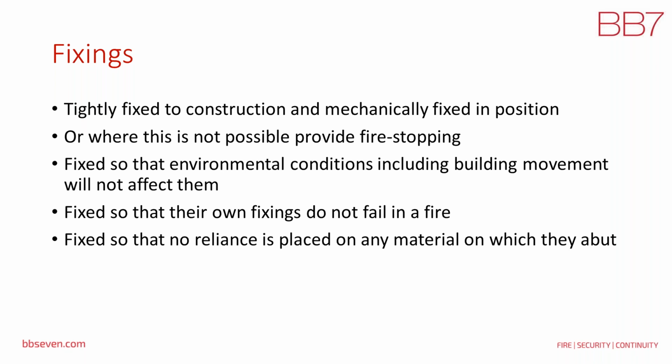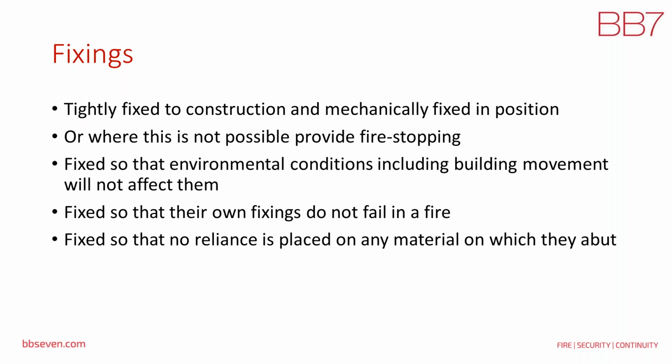If the front panel moves during a fire, and your cavity barrier is fixed to the front panel but not fixed to the rear substrate, then as soon as the panel falls off or delaminates, the cavity barrier will be deemed to have failed.